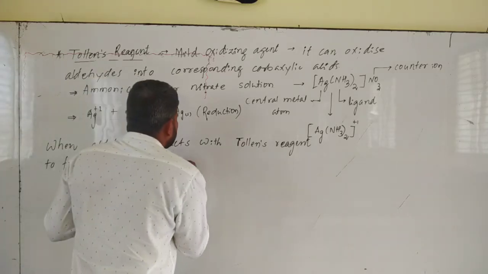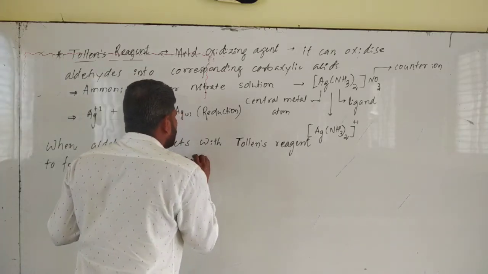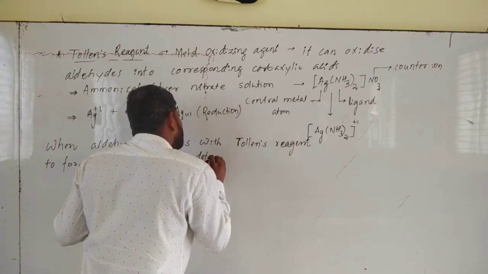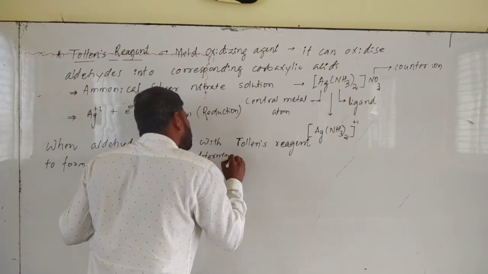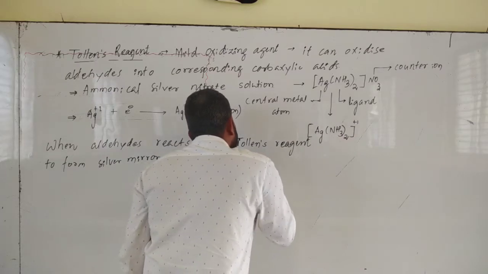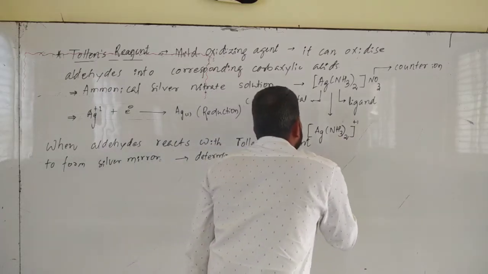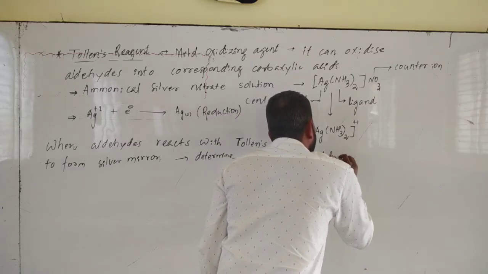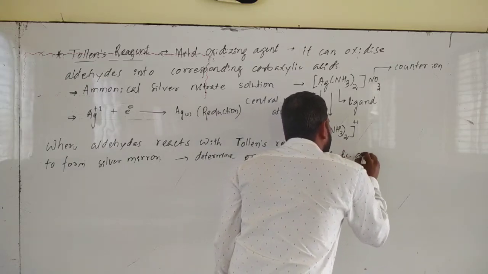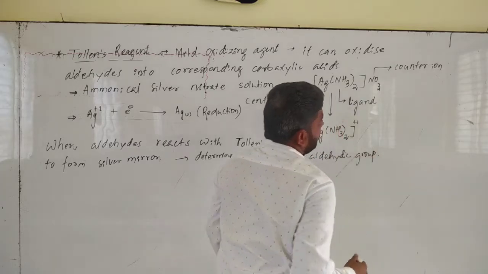Actually, this Tollens reagent is used to determine the presence of aldehydic group in a given organic compound.